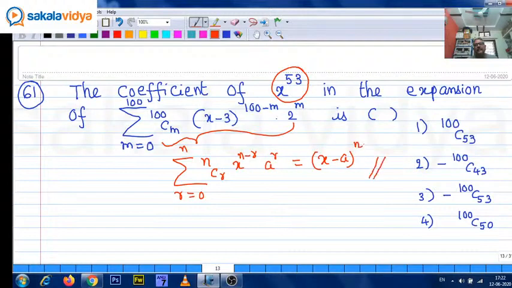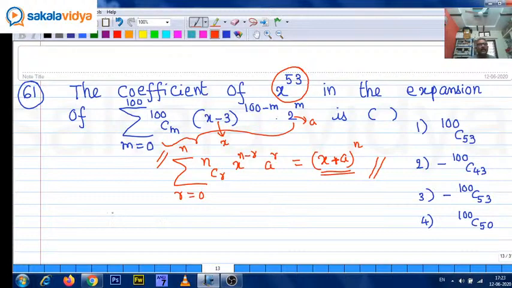This is the binomial expansion. Here x means x minus 3, a means 2, so (x minus 3 plus 2) to the power of n, where n is 100.